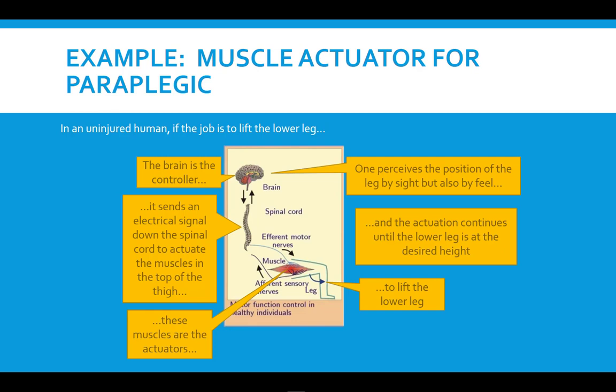One point to make here that's interesting is, even though this is not a wired control system like you would find in an industrial setting, the activity of the human mechanism in making a motion is a closed loop control.